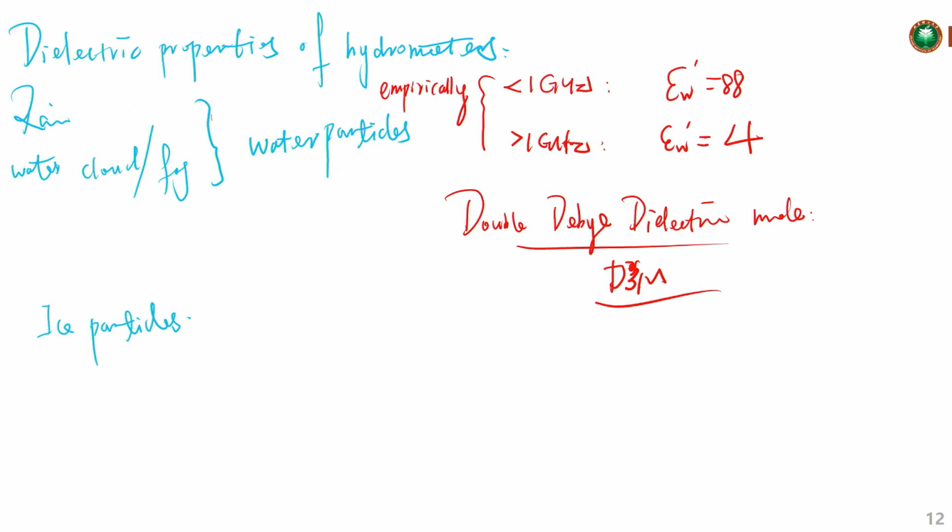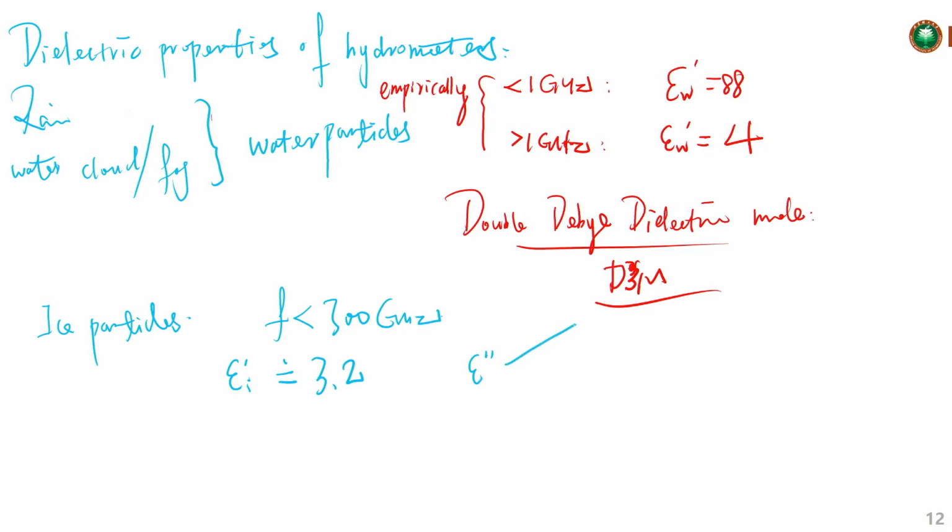Okay, and for the ice particles, over the whole region with frequency smaller than 300 gigahertz, the real part of ice can be regarded as constant, around 3.2. We can use the fixed value always. You may be confused about how the imaginary part is related for the ice particles also.